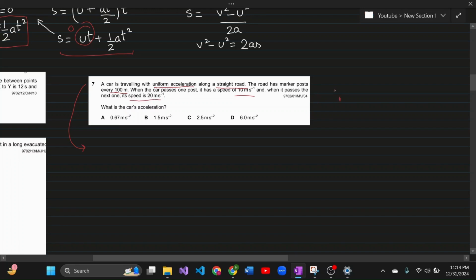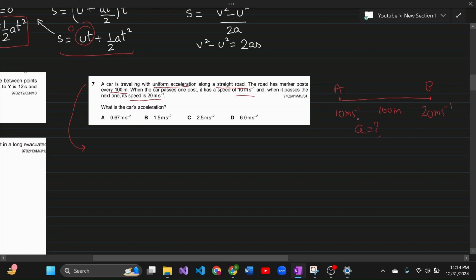You can visualize it like this. This is a 100-meter post. Here the initial speed was 10 meter per second, and the final was 20 meter per second. So we need to find the acceleration.